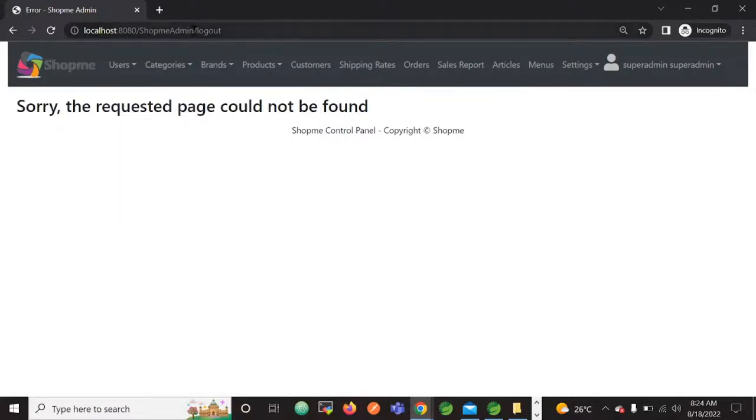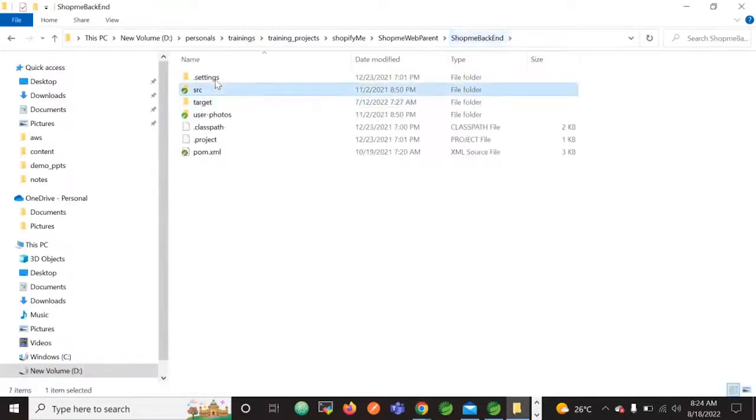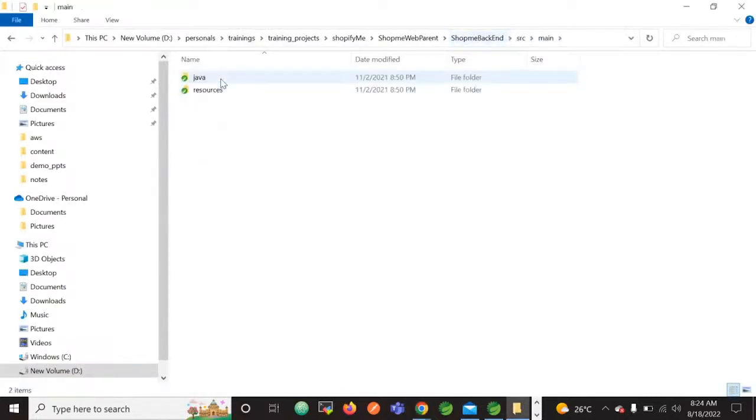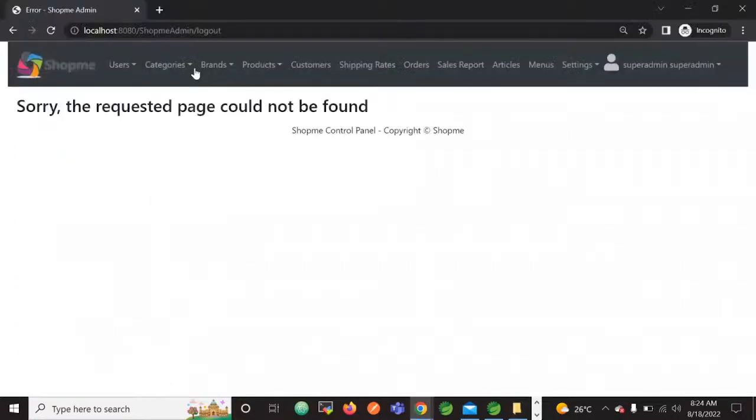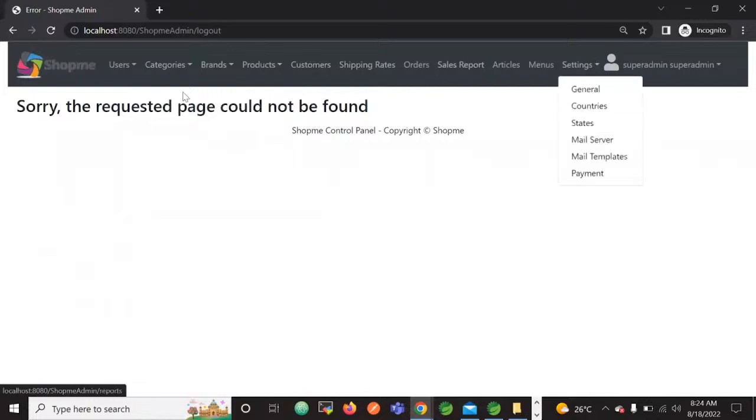This project needs to be automatically deployed into the infrastructure when developers make any source code changes. For example, I have made some source code change here, or I just introduced one feature. Let's say right now it is categories, brands, products, and orders, right? Tracking is not there. Assume tracking is the new module we have introduced.